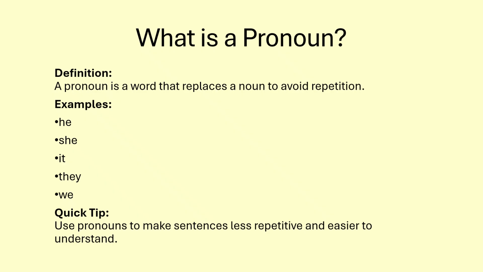Pronouns help sentences to flow better and to make writing clearer. Again, a well-used pronoun can help with the fluency of your or your students' writing. Some examples then of pronouns: he, she, it, they and we. And a quick tip: use pronouns to make sentences less repetitive and easier to understand.